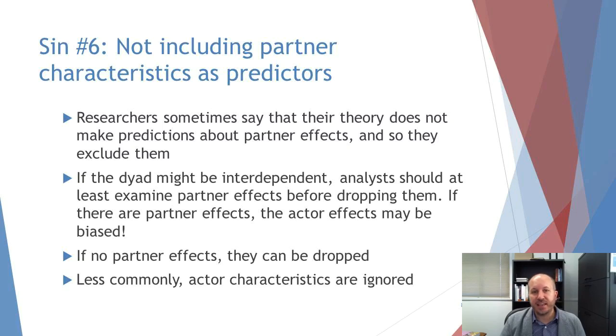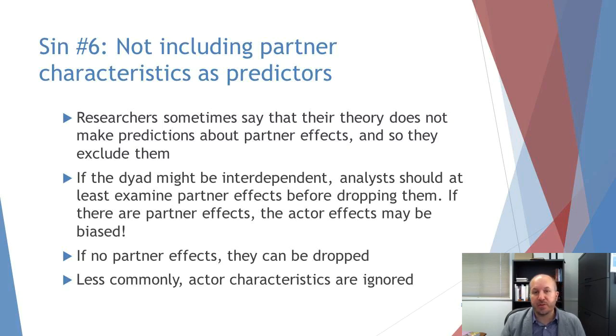However, if the dyad is interdependent, conducting analyses without partner effects could lead to really biased estimates and effects, and you are essentially getting wrong information. So if the dyad is interdependent, you should test your model with partner effects.